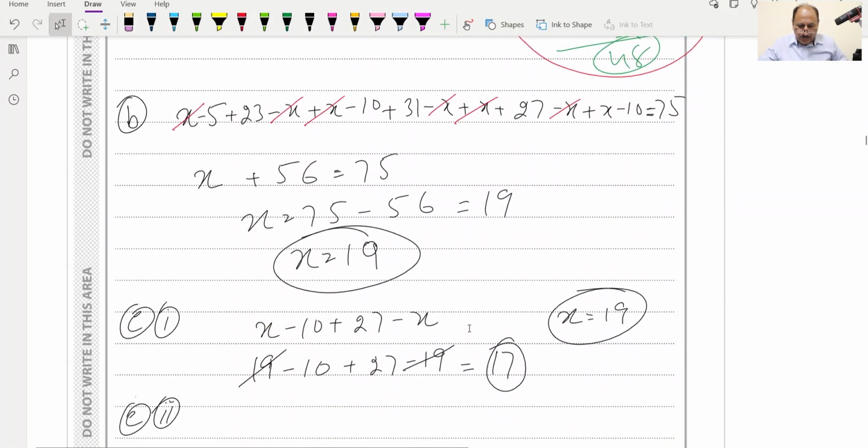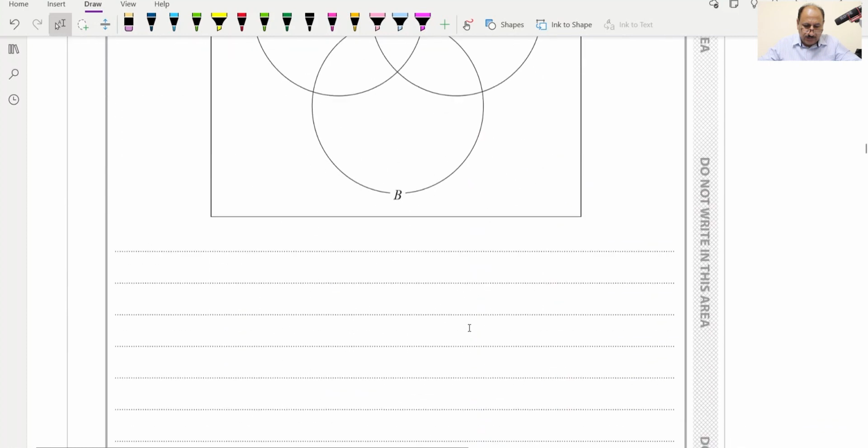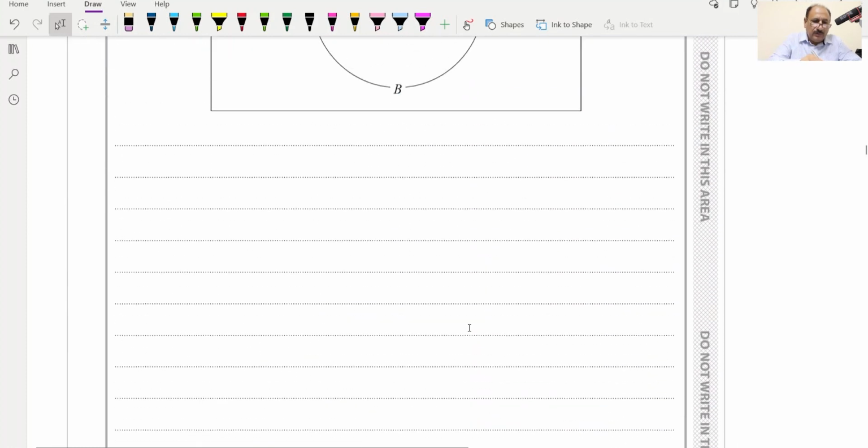We will write here basically these terms. Second part is x minus 10, which I have indicated, and plus x minus 5, and plus 31 minus x, and plus x minus 10.